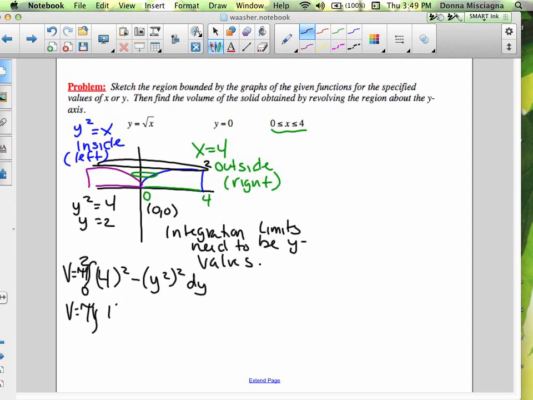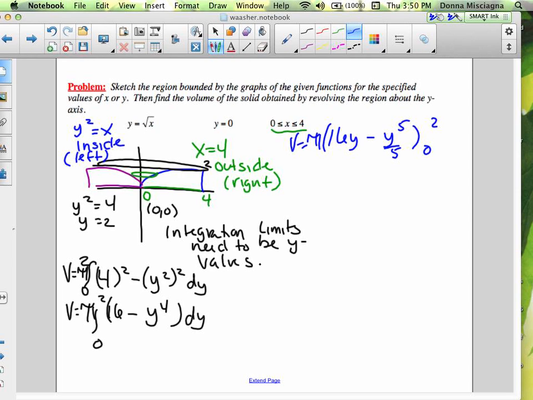So we have 16 minus y to the 4th dy, and that's from 0 to 2, and I'm going to integrate over here. Maybe I'll integrate in another color. So we're going to have 16y minus, let me put my pi in there, volume equals pi times 16y minus y to the 5th divided by 5 from 0 to 2.